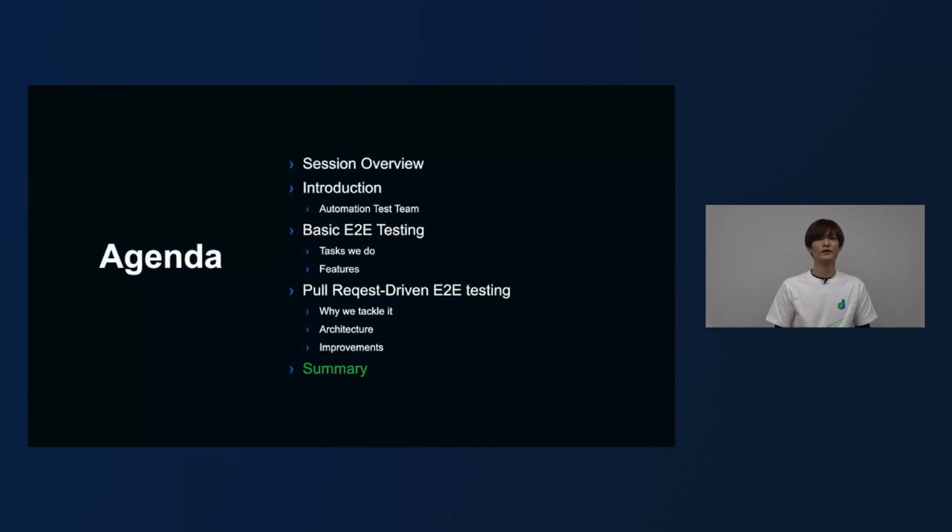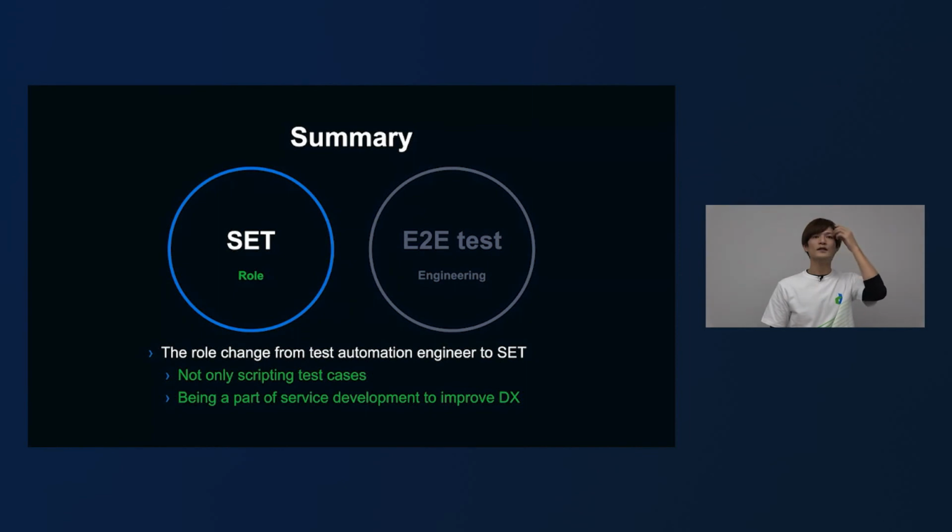So, I'd like to summarize my talk today. There were two things I wanted to communicate to you. Number one is about this new role, and the other one was about engineering.